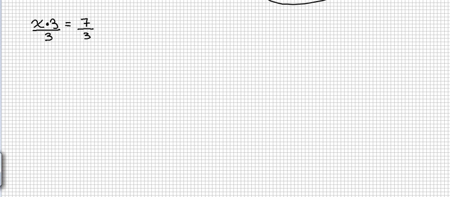So we have x times 3 over 3 is equal to 7/3. Well, this 3 over 3 is just going to go to 1, so x equals 7/3. And that's how you're going to solve an algebraic problem.